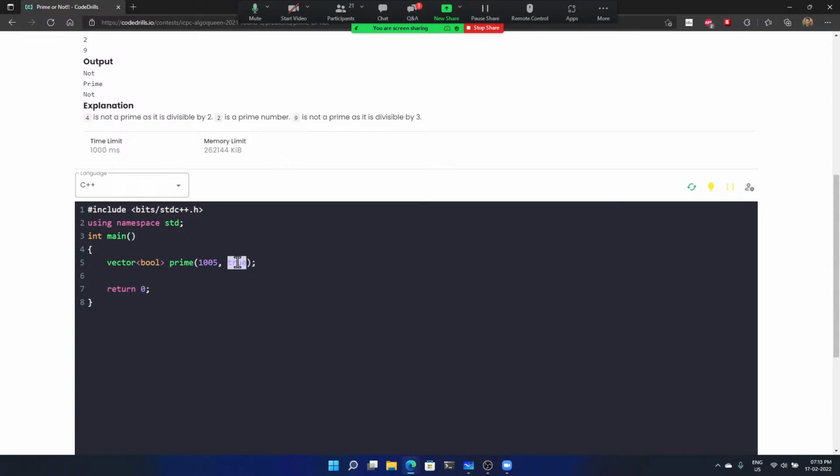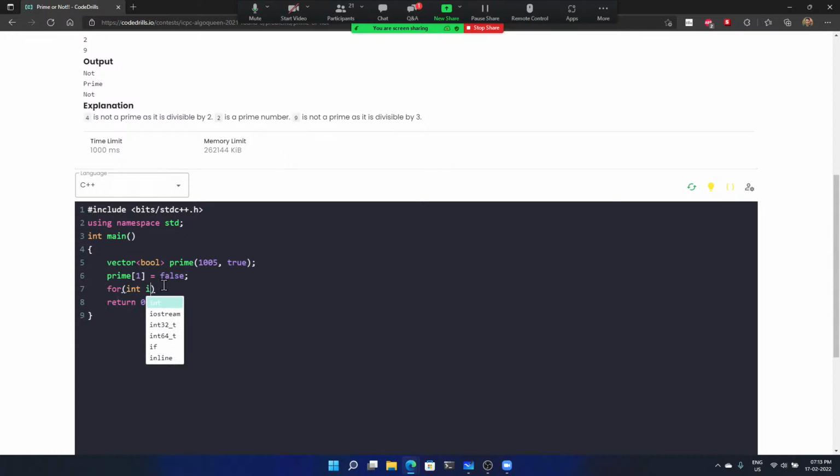If prime of i is true, I'm saying that the ith number is prime. So whenever I find that i is not a prime, I'll turn prime of i to false. Initially I keep everything true. Now prime of 1 is equal to false.